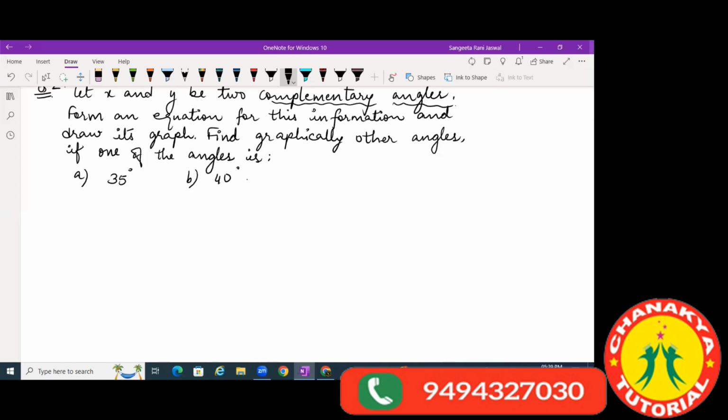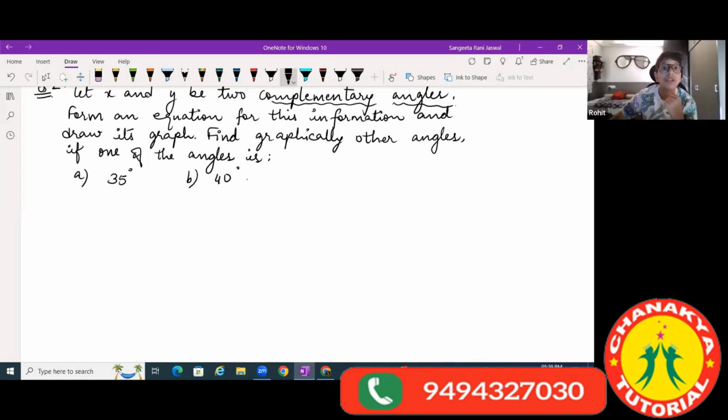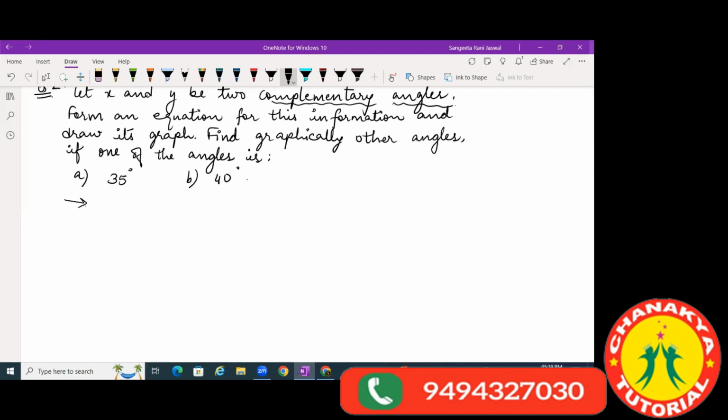Angles whose sum is 90 degrees. That's complementary angles. So will it be x plus y equals 90 degrees? So x and y are the two angles, so we'll take x plus y equals 90 degrees.